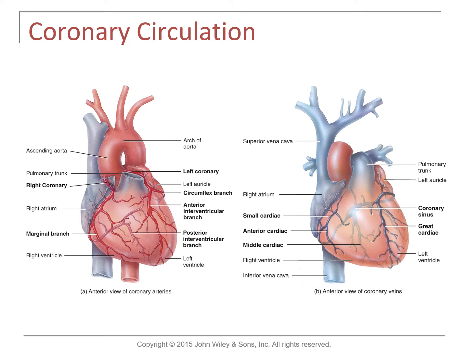Nutrients to the heart muscle, as well as oxygen, are provided by the coronary arteries that make up the coronary or cardiac circulation. The coronary arteries branch from the ascending aorta and encircle the heart and branch deep into the myocardium.